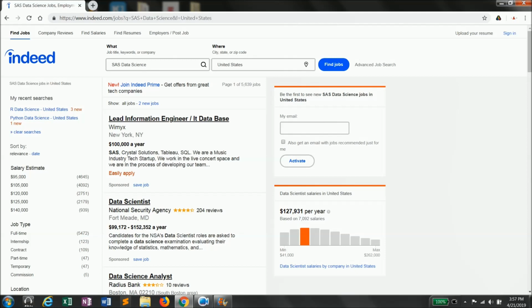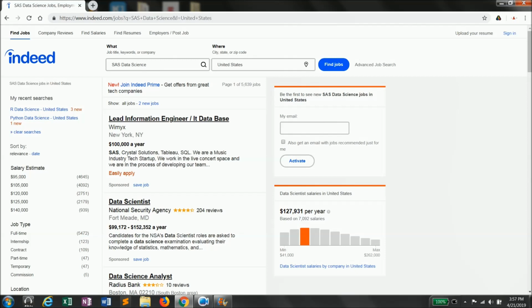You can see there's a posting right here from the NSA, and one below it from finance. I tend to find that these are government, finance, insurance, or pharmaceutical testing types of jobs.